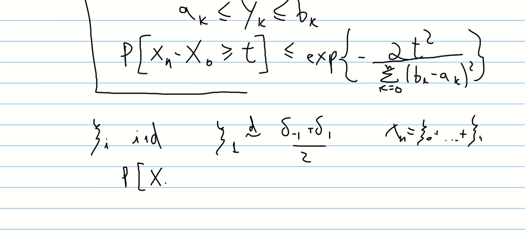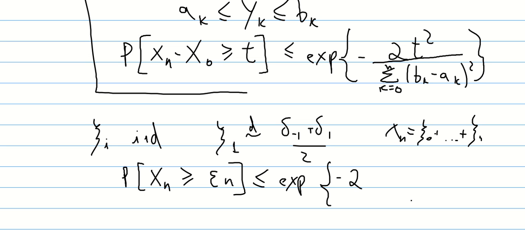We could obtain something. What do we obtain? The probability that xn minus x0 is bigger or equal to t. And what we are going to choose for t here is some epsilon n, because we know that this should deviate of order epsilon n. This is going to be bounded by exponential of minus 2 times t squared, so epsilon squared n squared, over 2 again. This is 1 minus minus 1, so this 2 squared gives us 4.